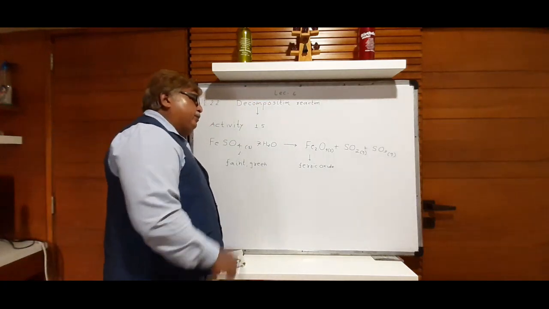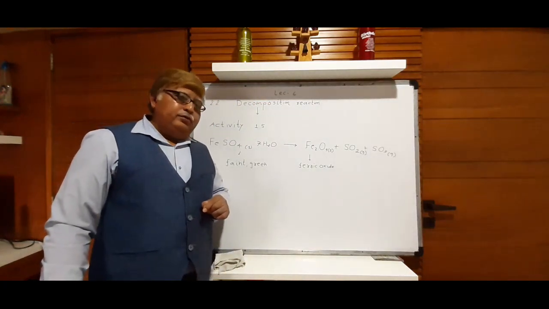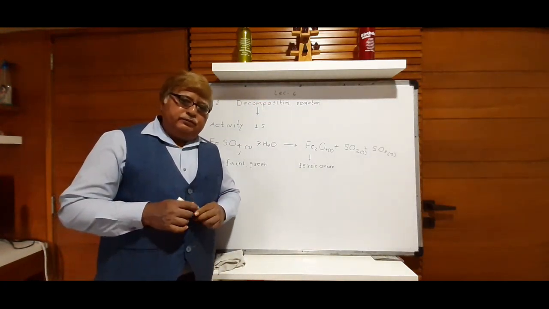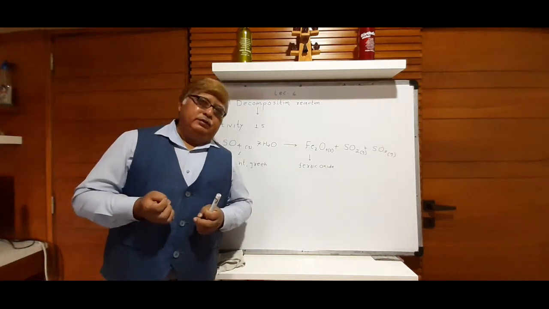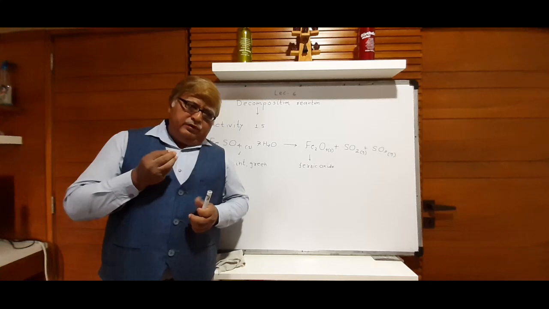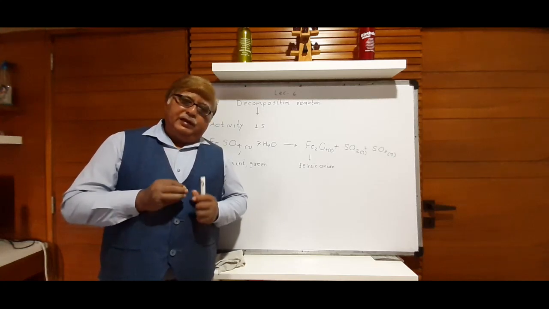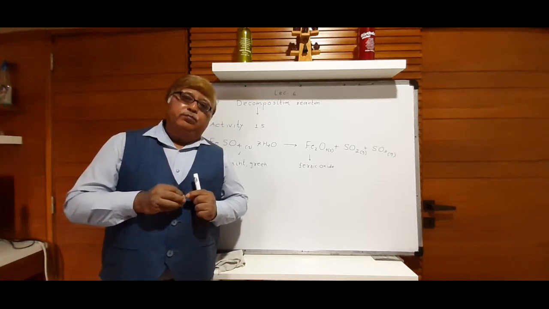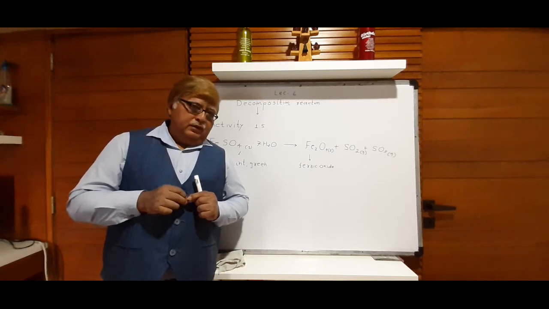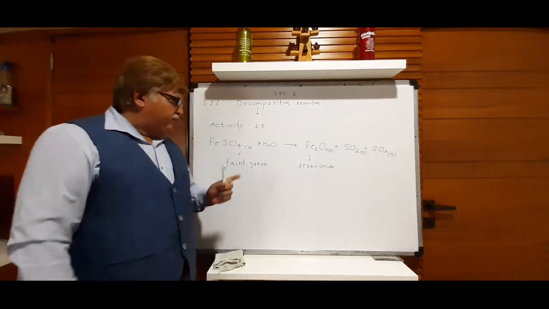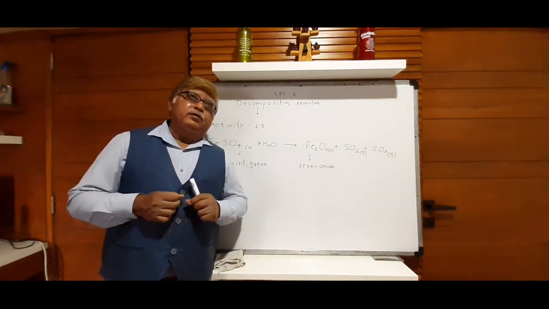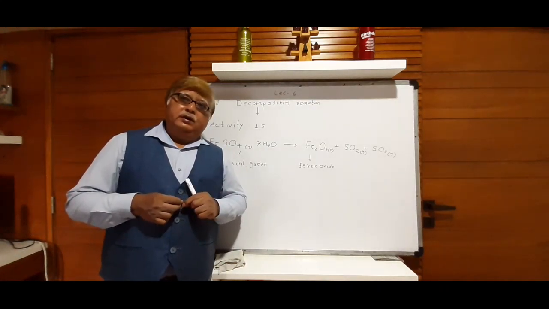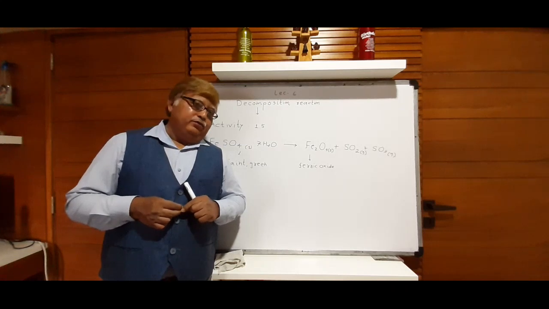At the same time, my dear student, you should remember that you start feeling some burning sensation, meaning some pungent type of smell. That smell is of burning of sulfur. Sulfur present in ferrous sulfate crystal burns and produces sulfur dioxide and sulfur trioxide. Understood?